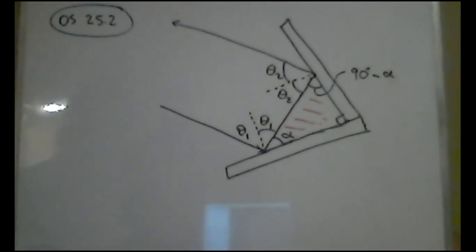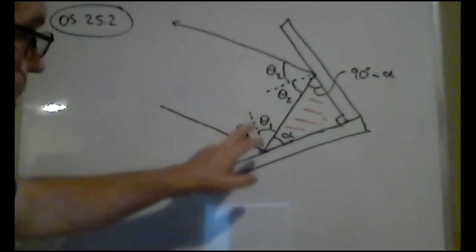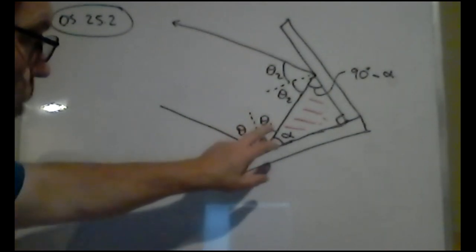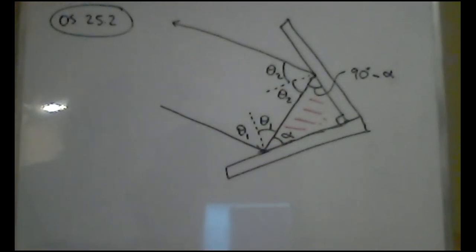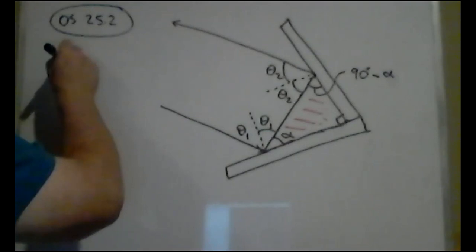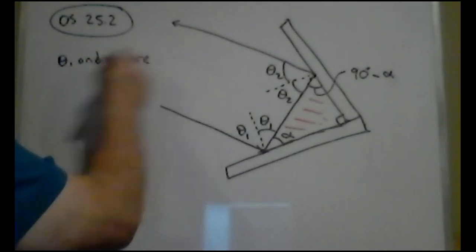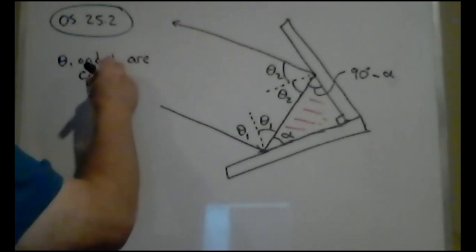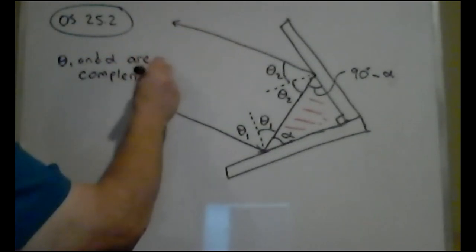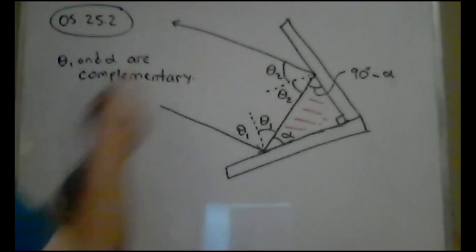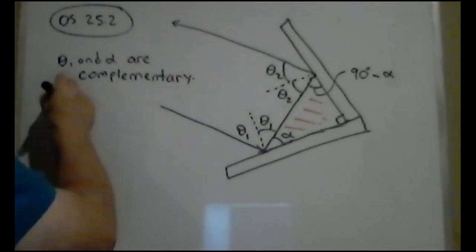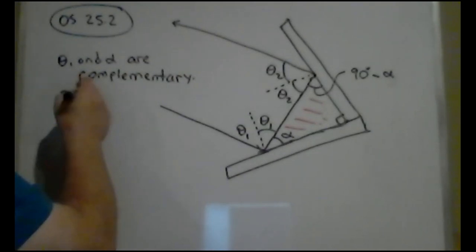So what do I know? First of all, this is a normal. So theta 1 and alpha are complementary angles. What does that mean? That means they add up to 90 degrees.